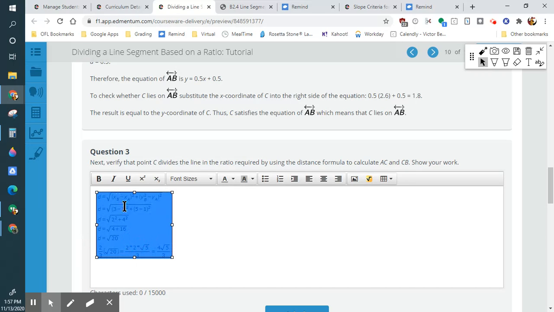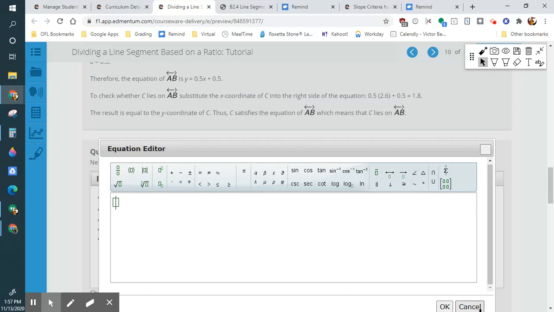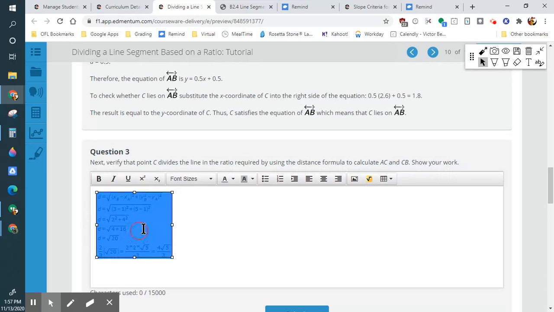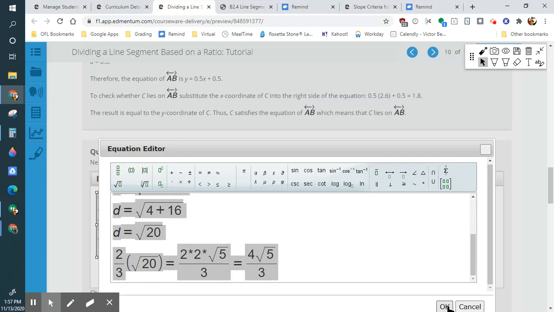Okay, so whenever you see these little dots, that means you got it. So Control C. Here, going to go Control V. Oh, you have to go into here to copy it. I forgot about that part.